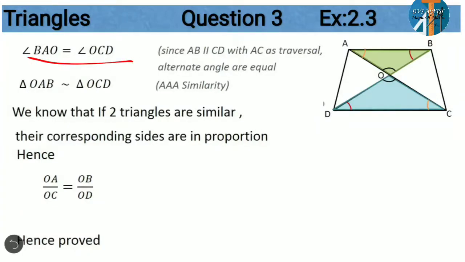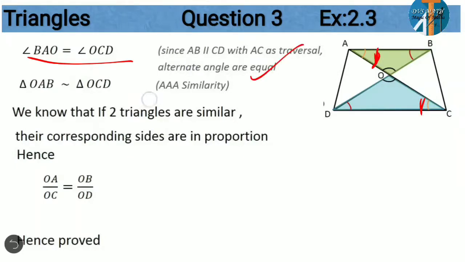Remember, in triangles, if any two angles are equal, then you can conclude that those two triangles are similar. Or if you need, you can consider another angle also, angle BAO, and these are also alternate angles.